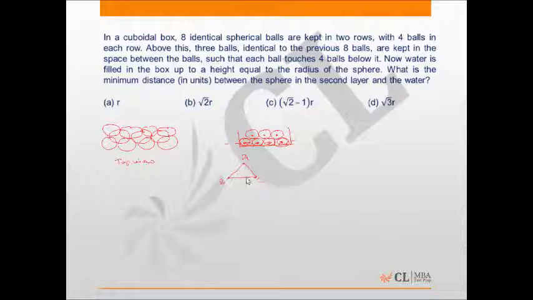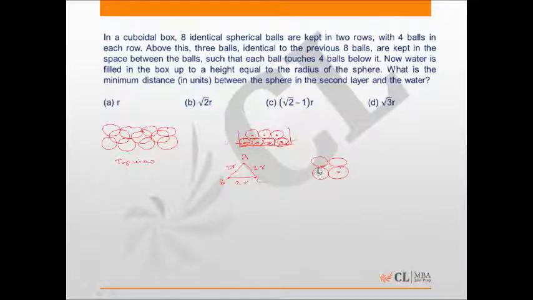Now if we imagine, it's not just B and C. There are 2 points again behind B and C, let's say D and E, which are the centers of the spheres of the second row in the first layer. Now this A, B, C, D, E is a pyramid, and in that pyramid each side is equal to twice the radius: 2r, 2r, 2r. We know that BCDE is a square, so it's a square pyramid.